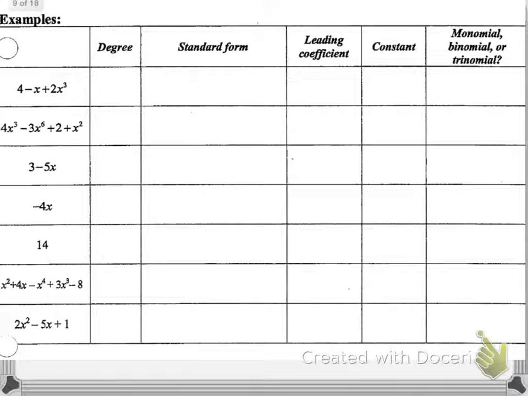So this first one, we want to arrange, if we're going to go in standard form, from the highest power to the lowest power, or to the constant. Well, the highest power I see is x cubed. Right? So I'm going to start with that term, 2x cubed. Sometimes it helps me to cross them out after I use them.